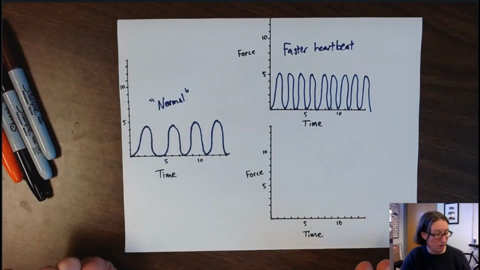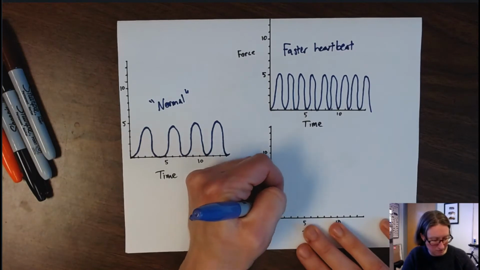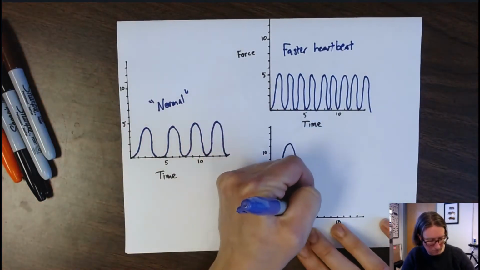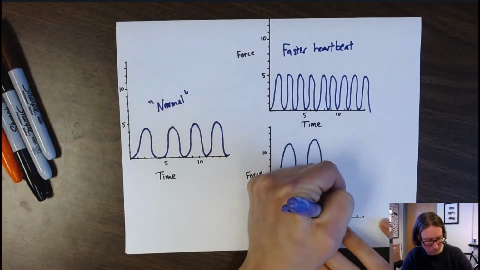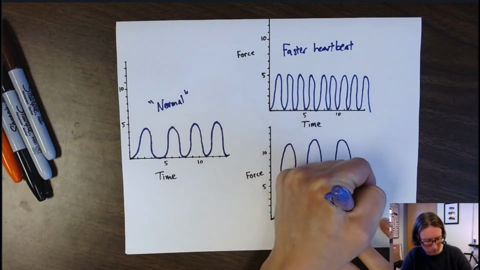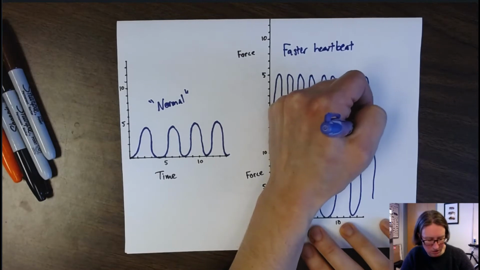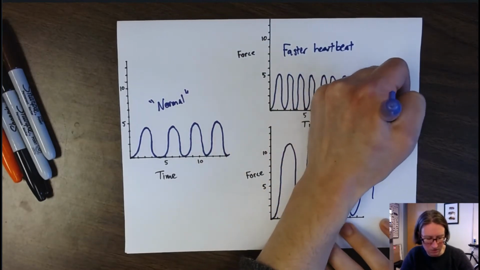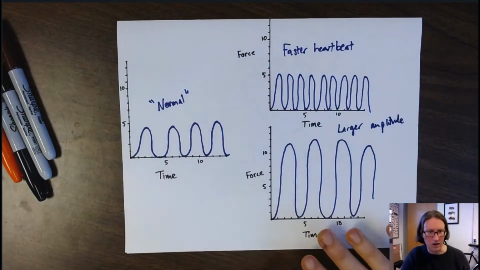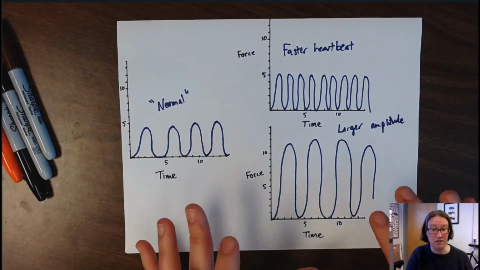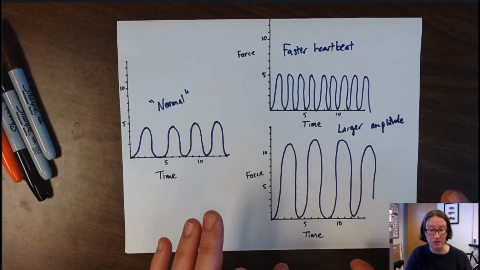Okay. And my heart rate could also look like this. Right, so here is a larger amplitude. Okay, and we're going to get further into the specifics on this later on in the course.